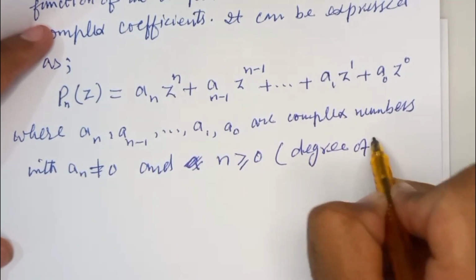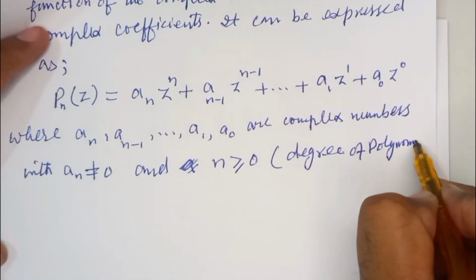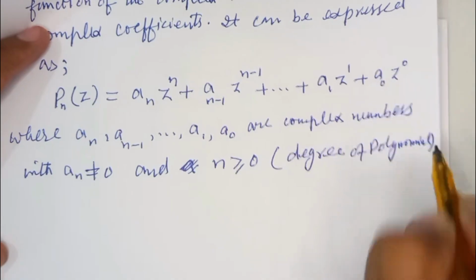N represents the degree of the polynomial in this case.